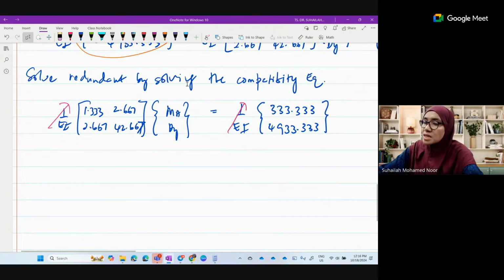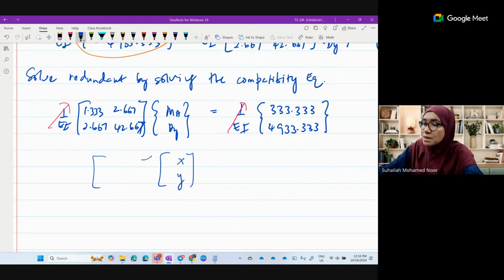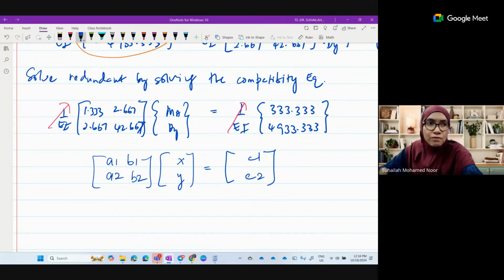So simultaneous equation format dalam calculator tu kan kita mencari X and Y. Ini format dalam calculator X and Y. So kat depan ni apa? A1, B1 equal to C1. So ini bawah ni A2, B2 and C2. Ini format dalam calculator.